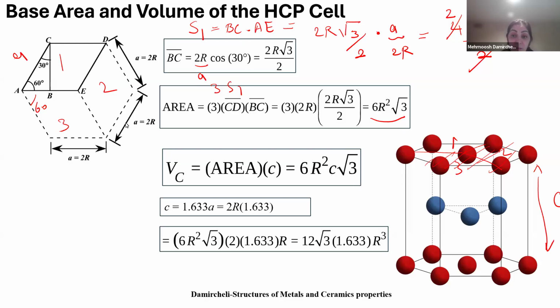If, for example, we assume that we have the optimum, so for the optimum fraction ratio, if we assume the ideal ratio C over A is 1.633, then C can be written as 1.633A, and substitute in the above equations instead of C here.